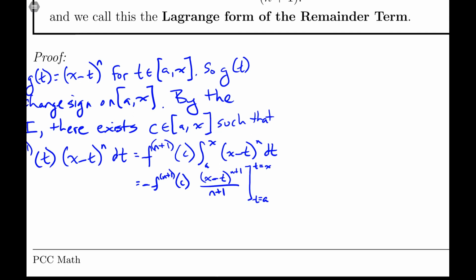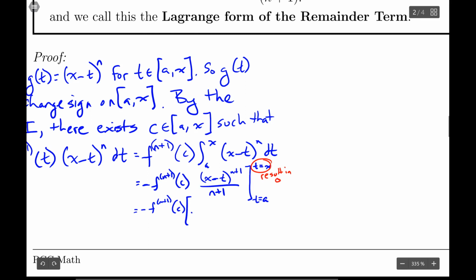Now if we plug these in, we should get a negative n plus first derivative at c multiplied by, well, x minus x. Well, that's going to be 0, so plugging in x is equal to t will result in 0.